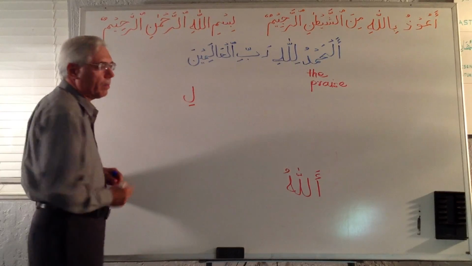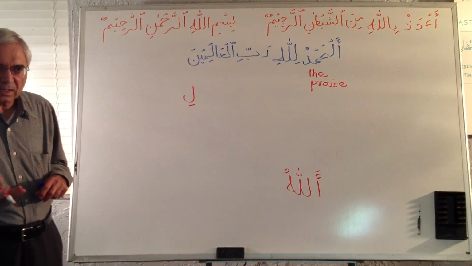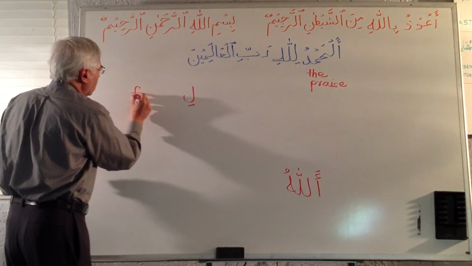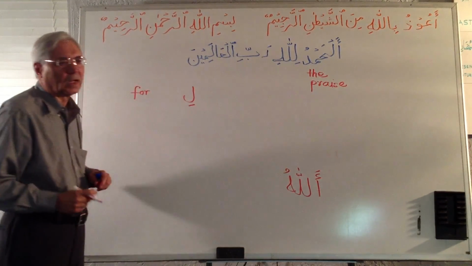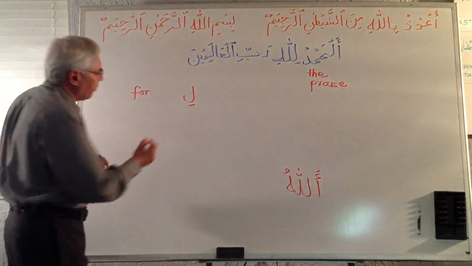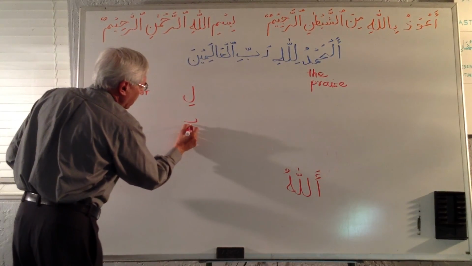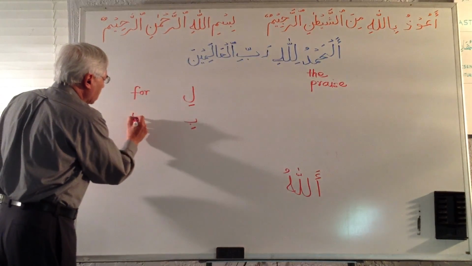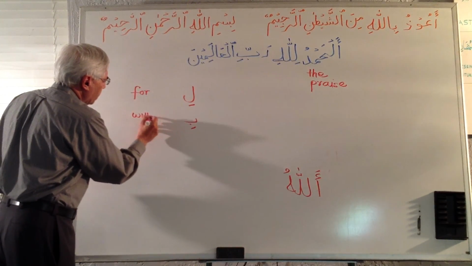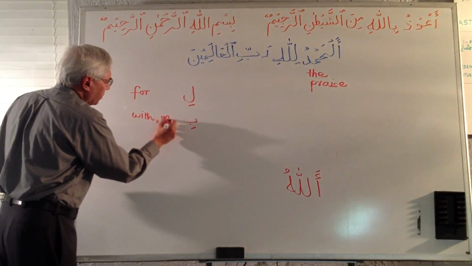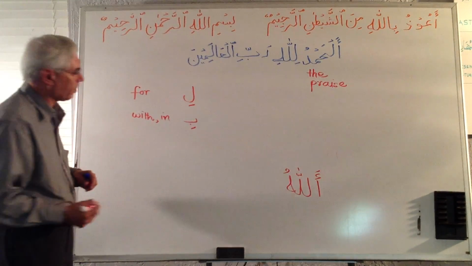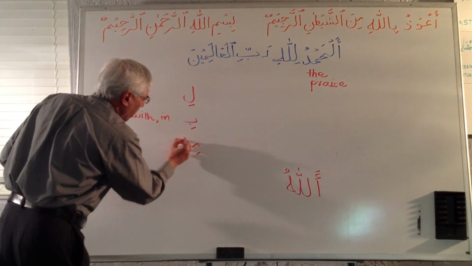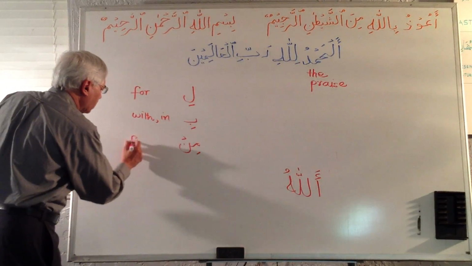If I take lam and put a zir under it, or a kasra, this means for in English. If I take ba and put a kasra under that, this means with, and in also. If I take these letters mim and noon and sound as min, this means from.